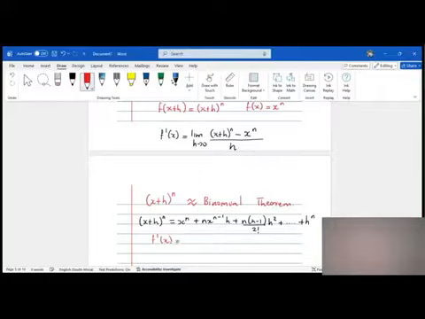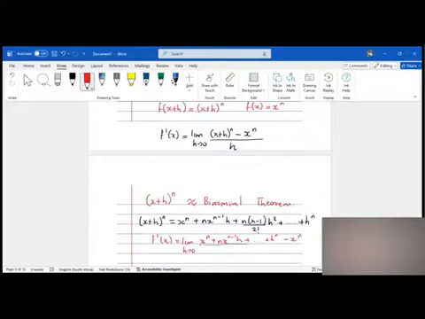So this will be this. Then let's try to work out what we have there. The expansion is just x to the n plus n x to the n minus 1 h plus and so on, plus h to the power of n, then minus x to the n, right? I'm not writing those other terms because I don't really need them.